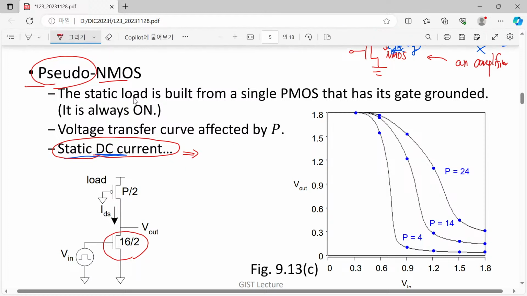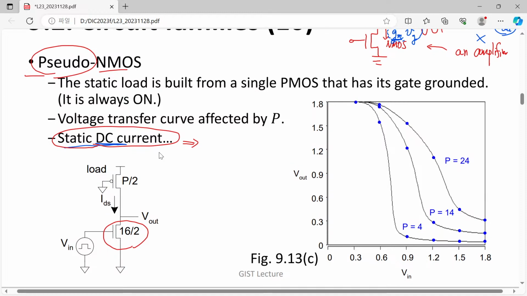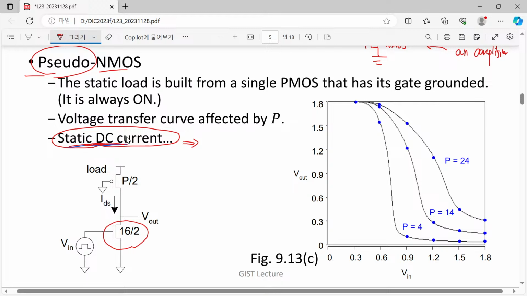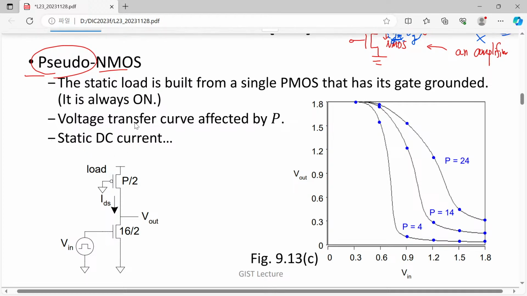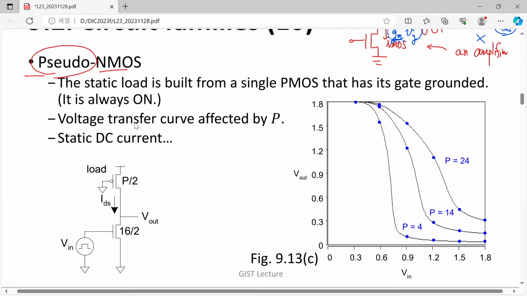This pseudo NMOS approach is just coming back to the past, and the static DC current is revived. This is not good for power consumption, but anyway, it is good for its propagation delay.